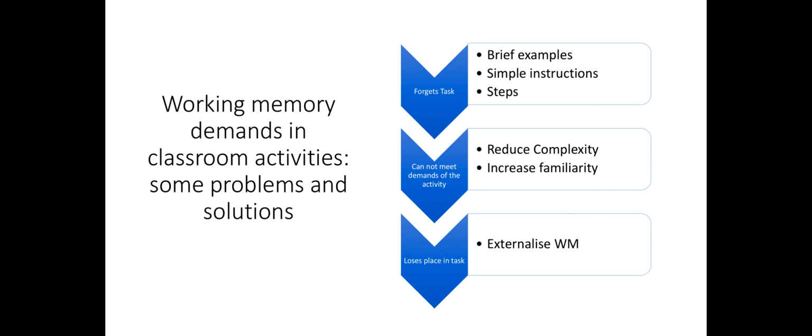And if these children are losing their place in the task, externalise that working memory. Give them lists that they can cross off, or stickers that they can stick on to say, yes, I've done that task. So we're thinking about externalising being able to hold that information in our head. There are little things you can do that make life for children who have working memory deficits an awful lot easier.